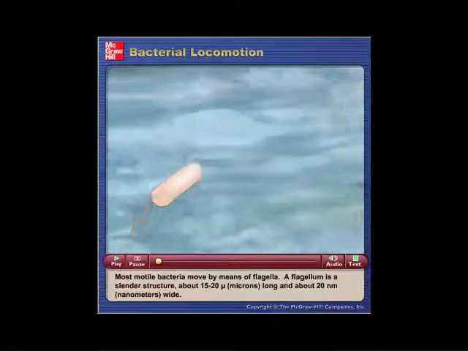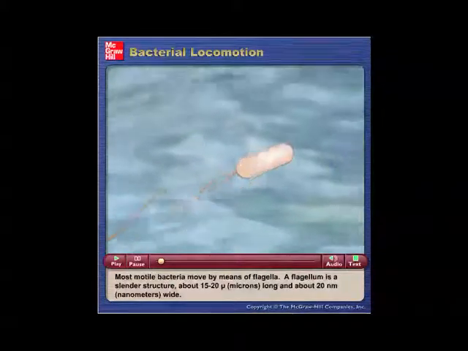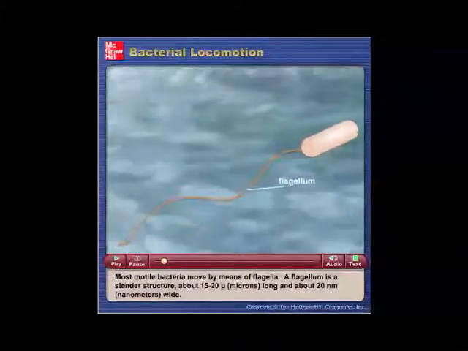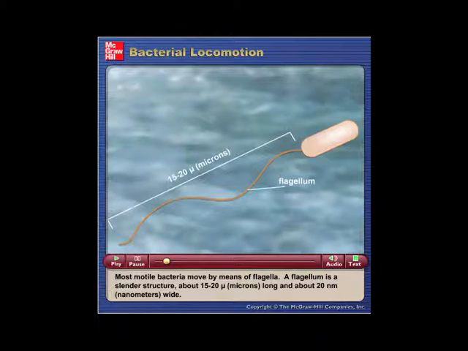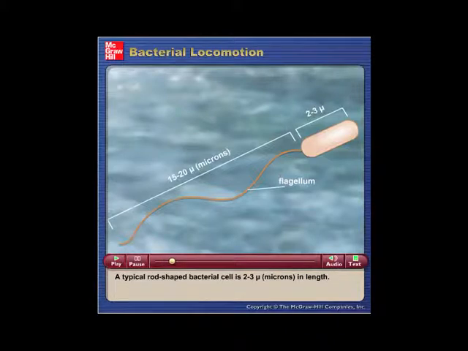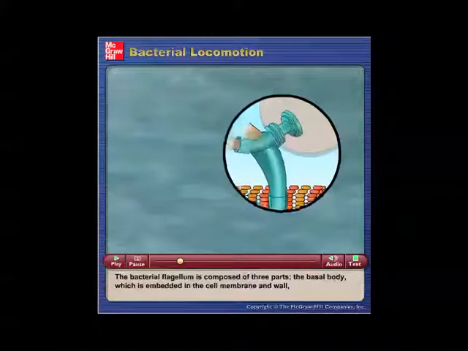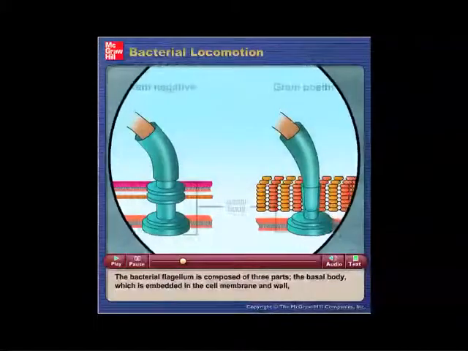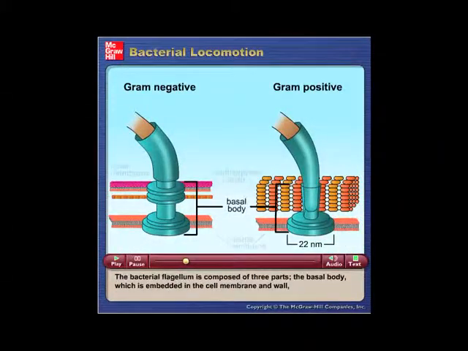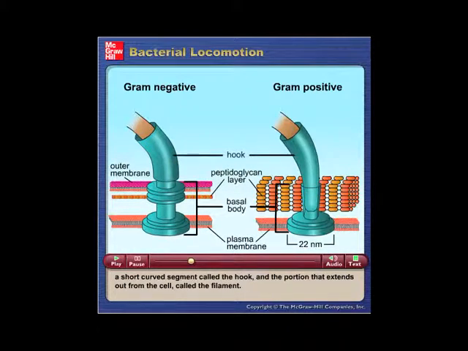Most motile bacteria move by means of flagella. A flagellum is a slender structure about 15 to 20 microns long and about 20 nanometers wide. A typical rod-shaped bacterial cell is 2 to 3 microns in length. The bacterial flagellum is composed of three parts: the basal body, which is embedded in the cell membrane and wall, a short curved segment called the hook, and the portion that extends out from the cell called the filament.